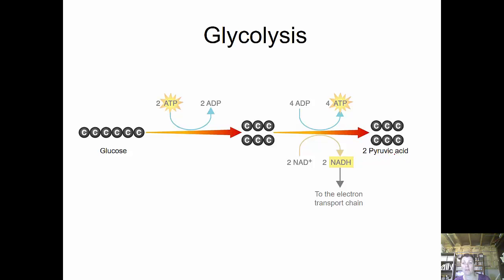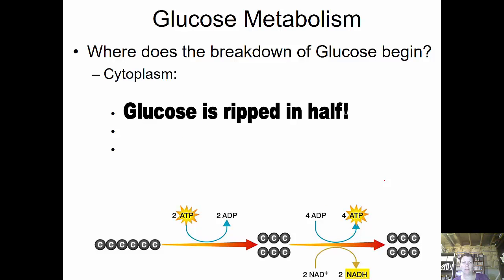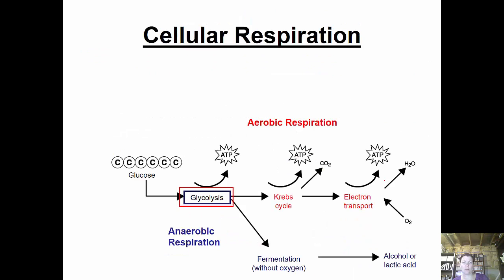And then these things, these pyruvic acids, well, their destiny depends on whether or not oxygen is present. So, this picture, glucose, goes through glycolysis, and I said that what happens to it depends on what is present.